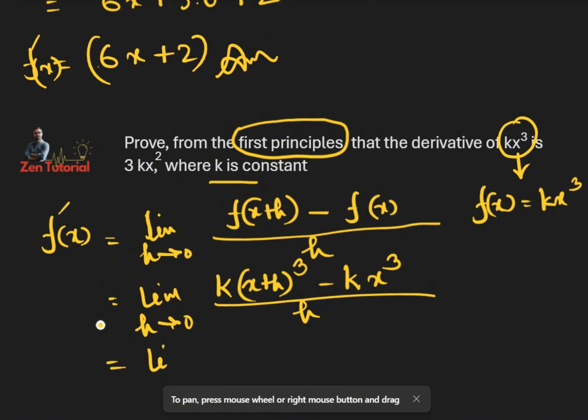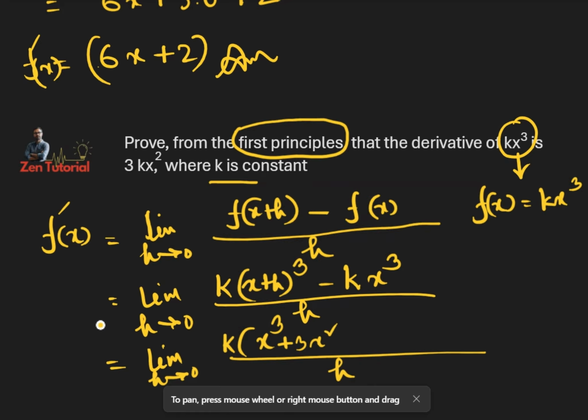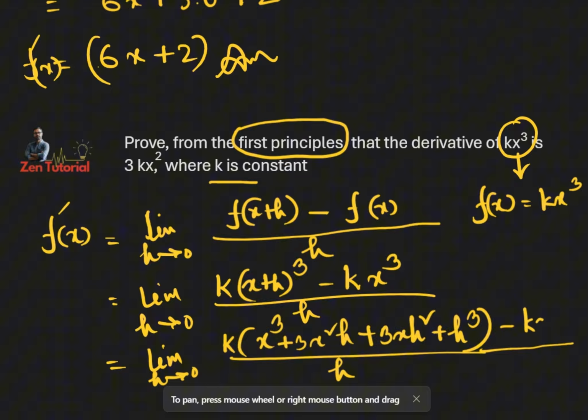The following line now, limit h tends to 0, here h, k, the basic rule of a plus b whole cube. So here will be x cube plus 3x square h plus 3xh square plus h cube, minus k of x cube, right?